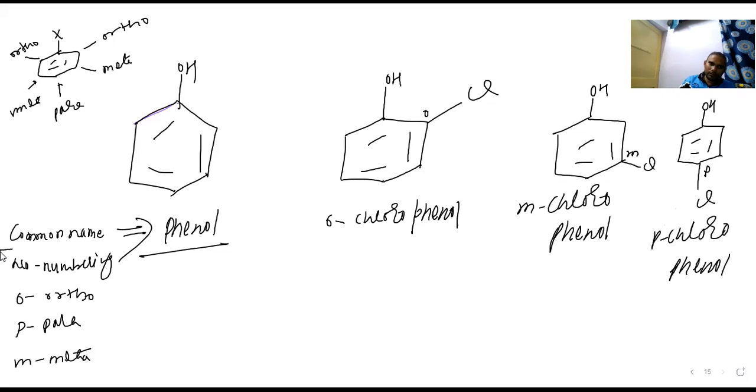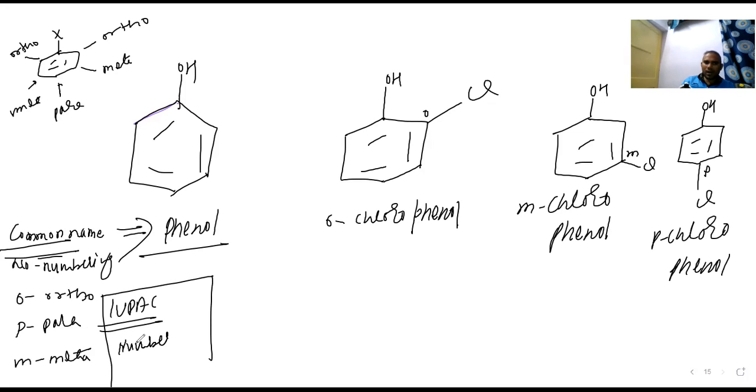This is the common name. Now we go to IUPAC. IUPAC name means numbering is required. Here no numbering, so the IUPAC name of this one is phenol only.